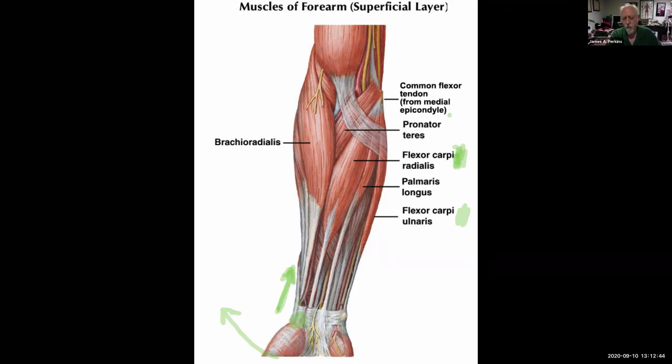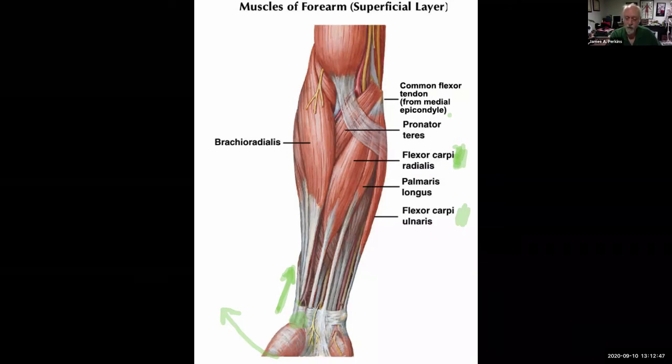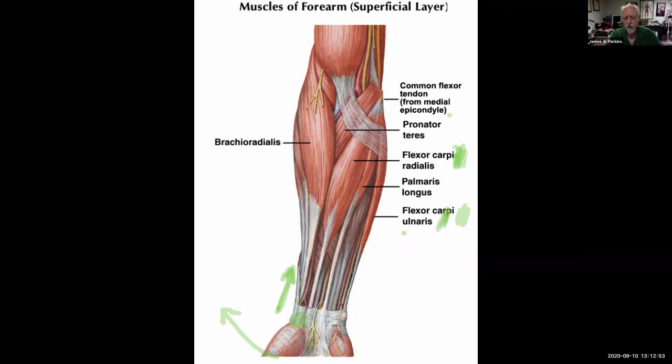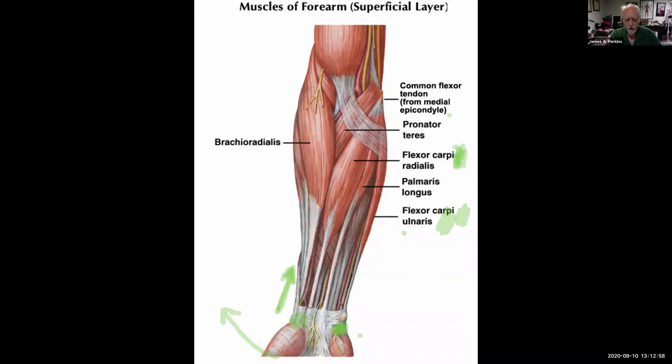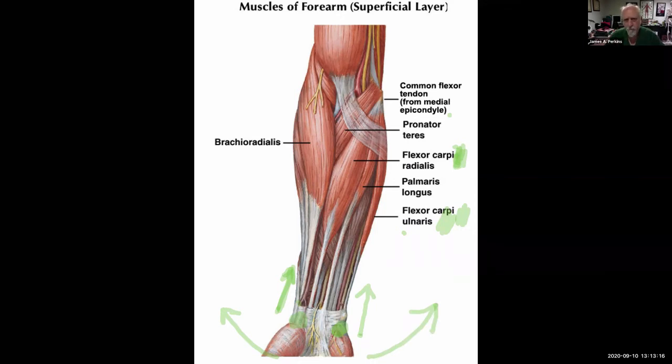So flexor carpi radialis can be a flexor of the wrist, but it can also be an abductor of the wrist. Flexor carpi ulnaris is just the opposite. That muscle is inserting over here on the medial aspect of the hand. So if the flexor carpi ulnaris were to contract all by itself, it would have a tendency to lift up on the medial side of the hand, which is going to rotate the hand in a medial direction, which would be adduction with a D.